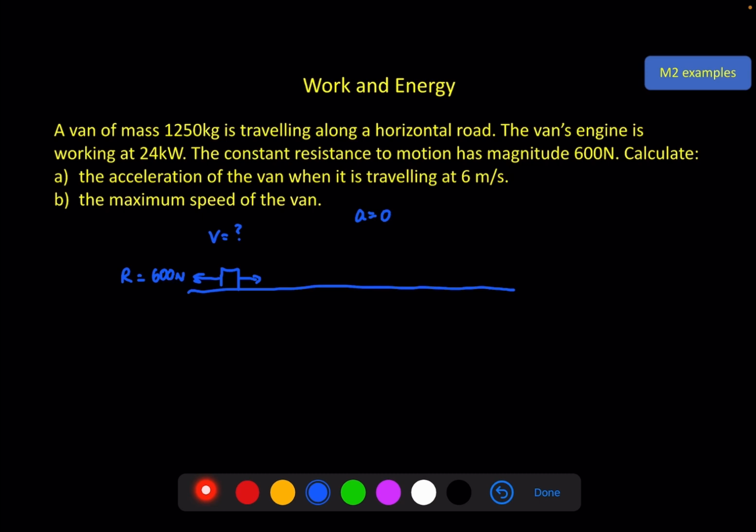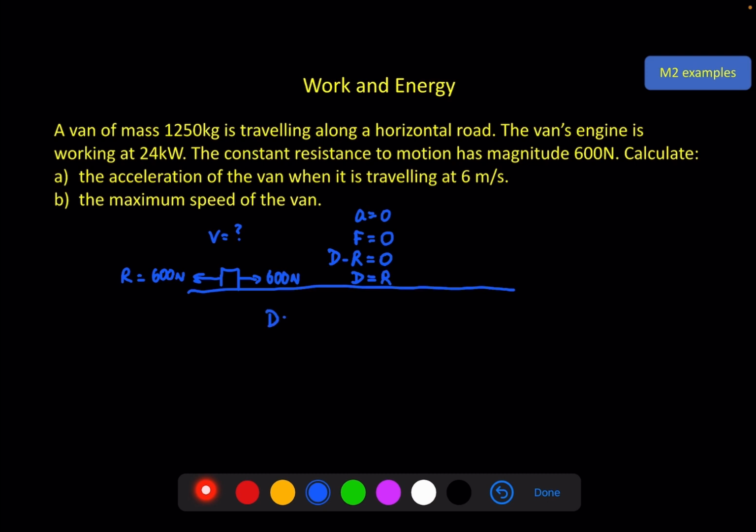If the acceleration is 0, then F equals ma has a 0 on the right hand side, which means the resultant force is 0, so the driving force minus the resistive force equals 0, and we get the key point here, the driving force must equal the resistive forces. So the driving force must also be 600 newtons for the acceleration to be 0, which is when we get our maximum speed.